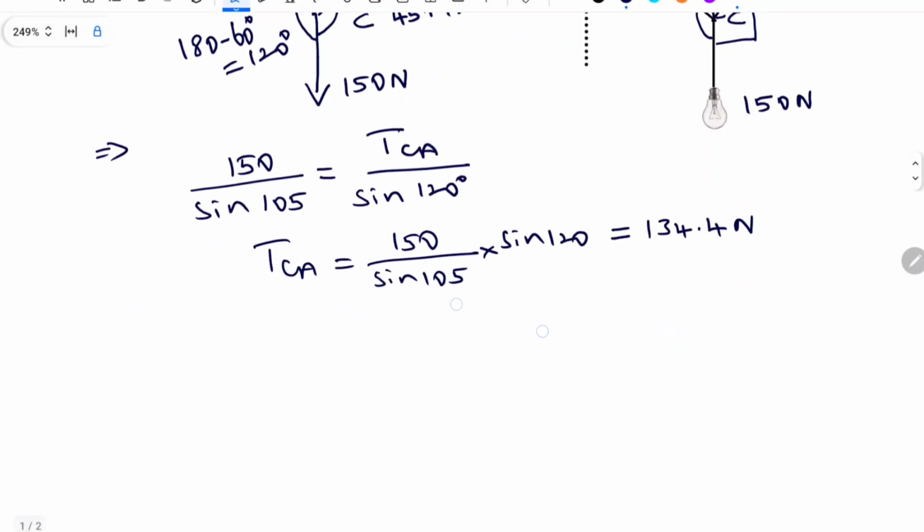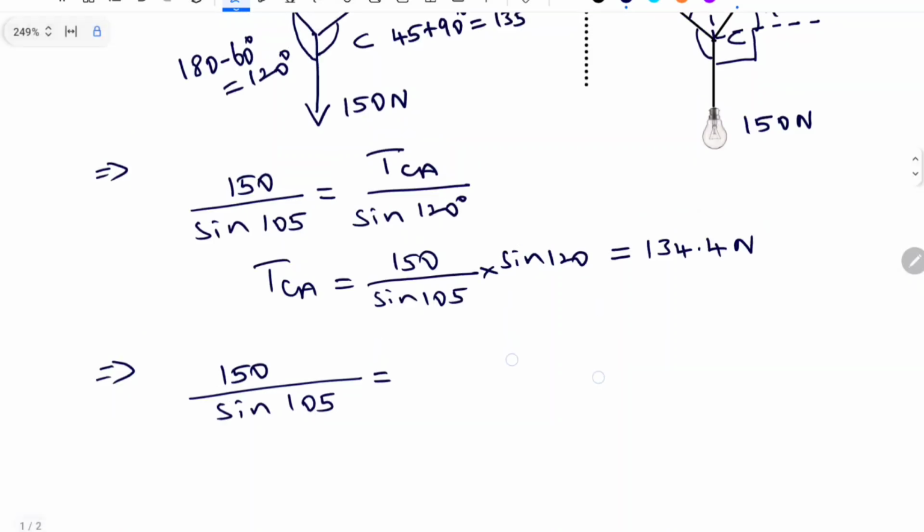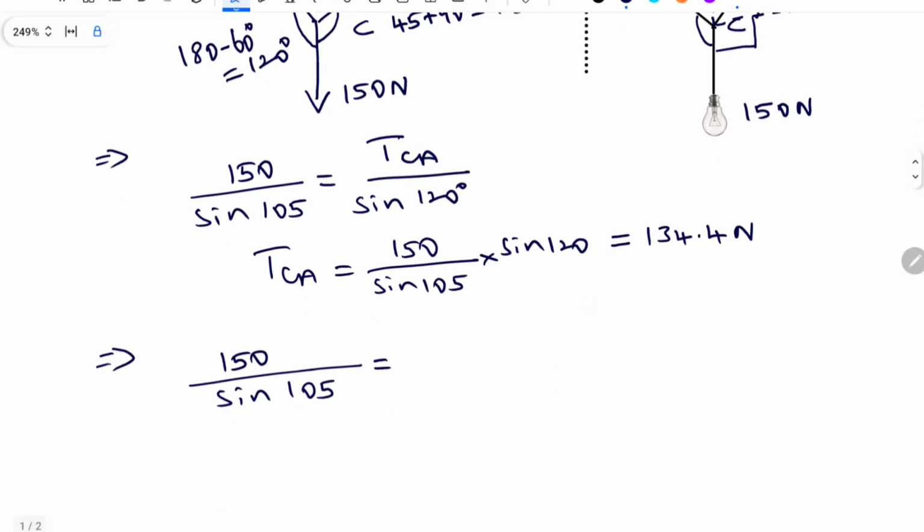Now, with the help of the same known force, that is 150 divided by sine 105, I'm going to calculate the magnitude of the other force, that is TCB. When I consider TCB, I should take the inclination between the other two forces, that is 135. So TCB divided by sine 135.